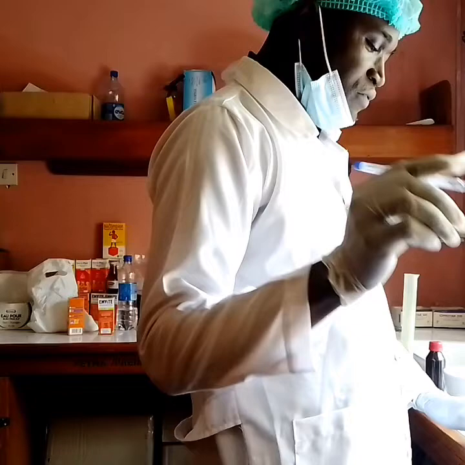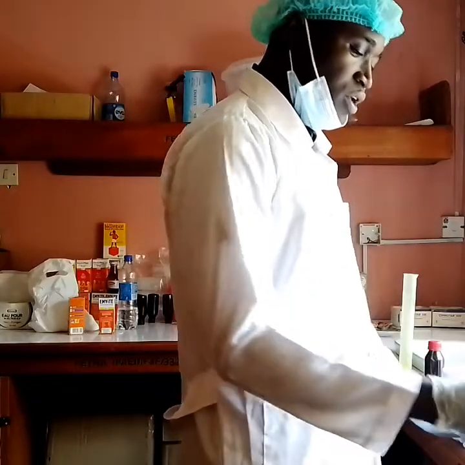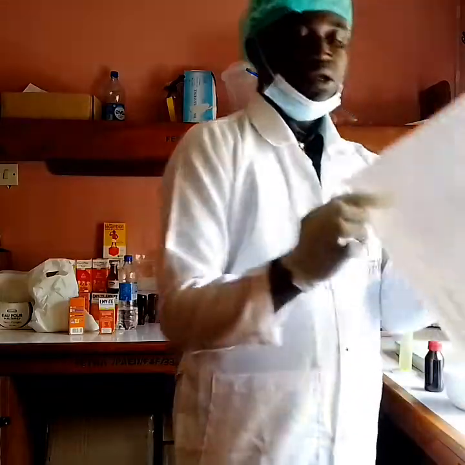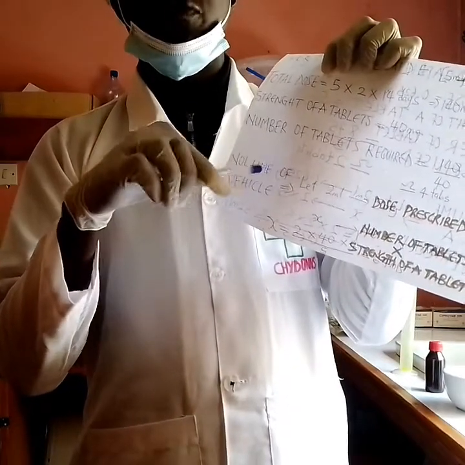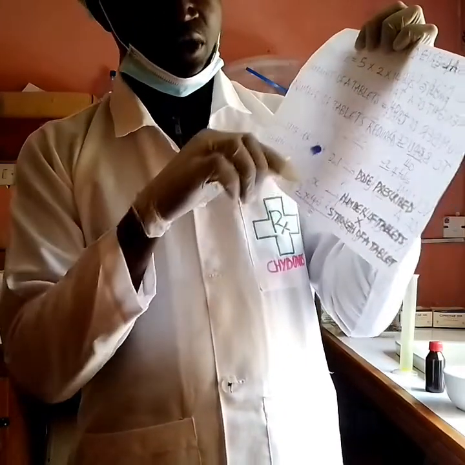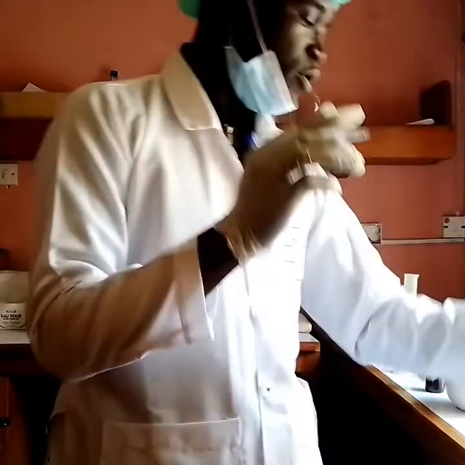Now, I'll get the value for 5 mils. Since I used 2 mils in my calculation, I'll say 2 times 5 over 2 will give me 5. That is 5 times 2.5 will give me 12.5.